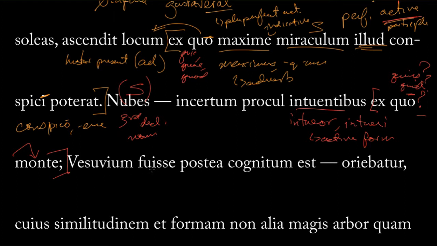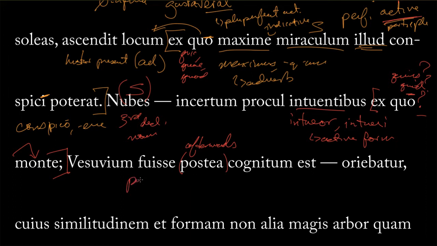Vesuvius, fuisse postea cognitum est. So postea is an adverb, afterward, so we can isolate that. It was cognitum, recognized, realized, understood later, afterwards, after the eruption had come to a close and they could see this mountain had blown its top off, was Vesuvius.